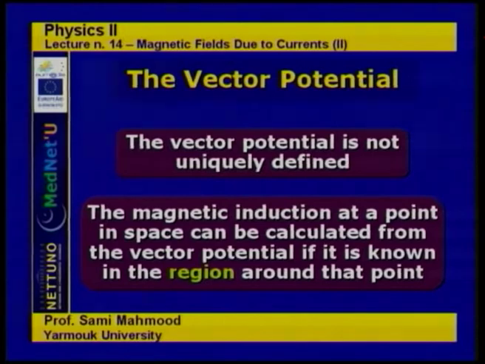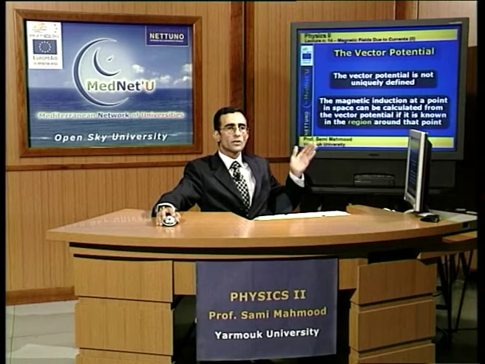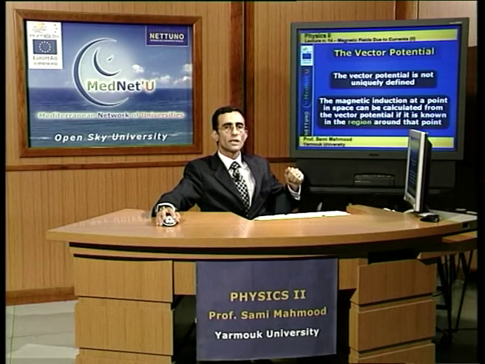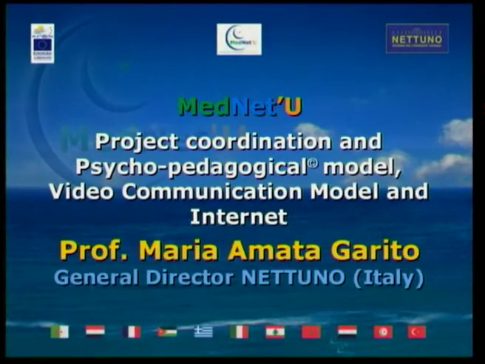So we can apply the relation between the vector potential and the magnetic induction to evaluate the magnetic induction at any point in space. And at this point, I would like to end this lecture and thank you for your attention.